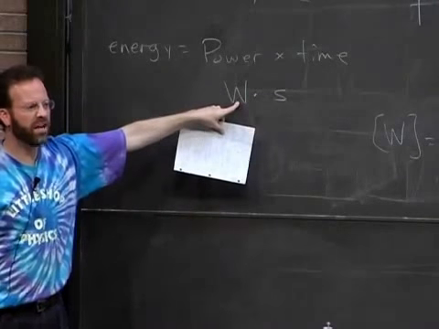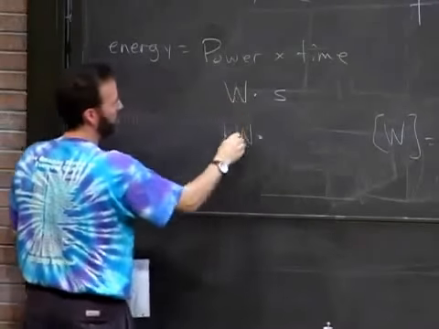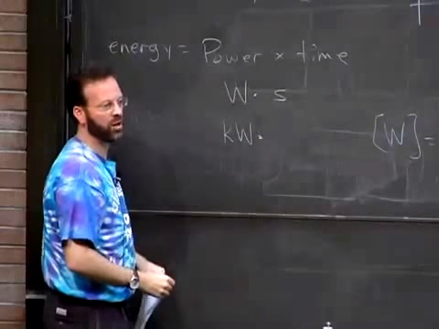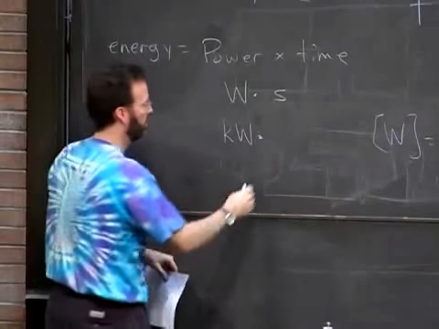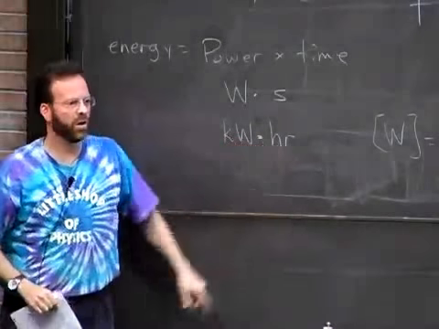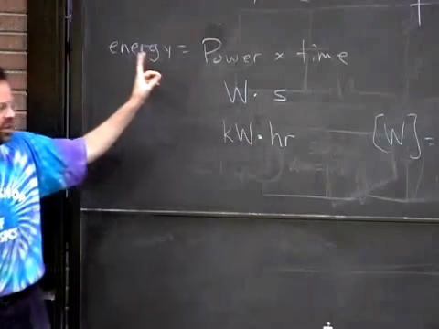If they do this by a factor of 1,000, they call it kilowatts. But it's still a unit of power. And they usually don't use seconds, the power company. They use hours. A kilowatt times an hour. Kilowatt hours. So when you hear that term, that's actually energy.